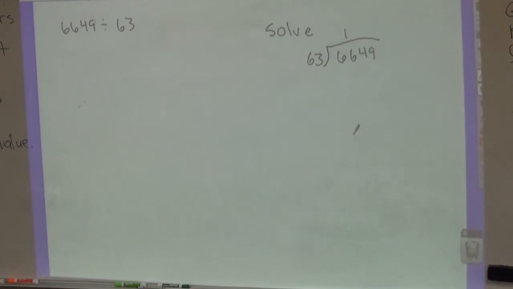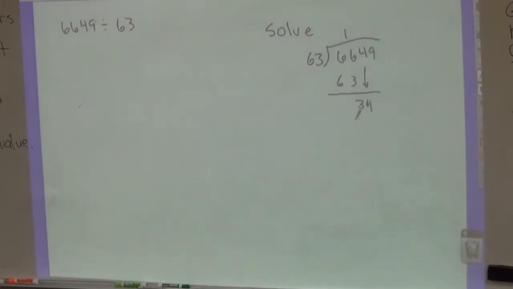We're going to multiply the 1 across, and that'll give us 63 to subtract from the 66 hundreds. That gives us 3. Then we bring down the 4. How many groups of 34 tenths? You cannot make any, because this is where many of you are just going to fall over and say, I don't get it.